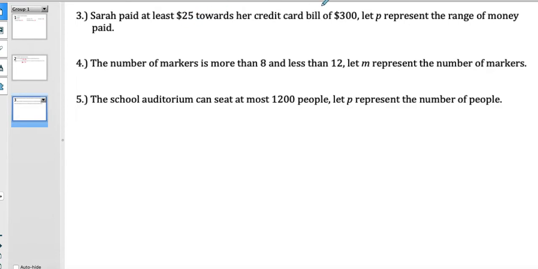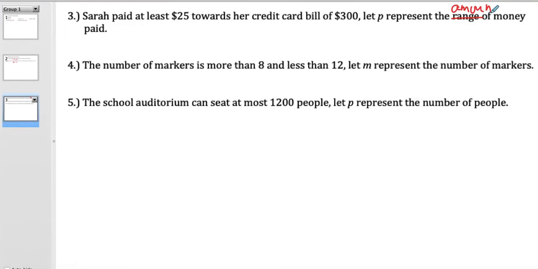If she owes up to $300, she could have paid it all off, but she paid at least $25 because that was her monthly amount that she had to pay. So we want to represent the range or amount of money that she paid. If you want to delete the word range and write the word amount right there. So we want to figure out the amount of money that she possibly paid.